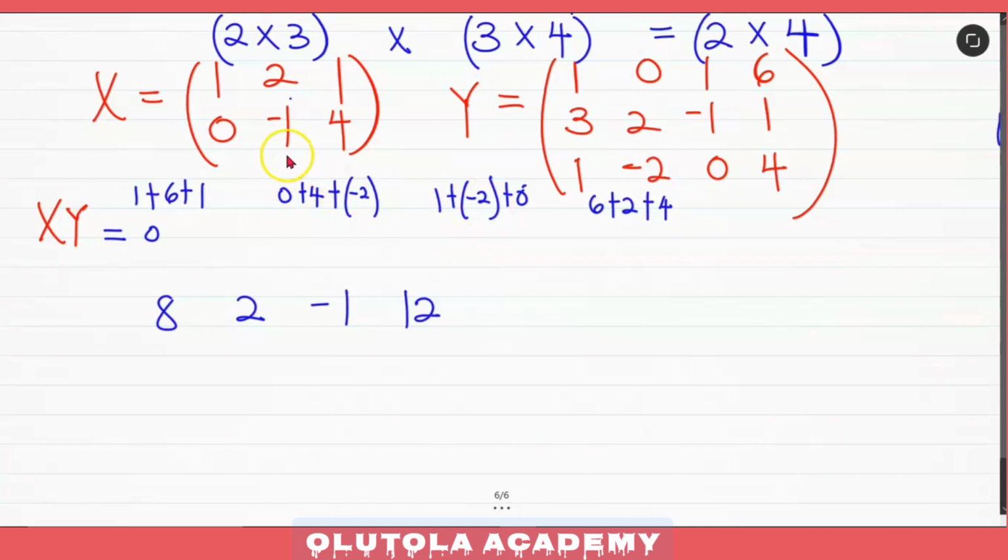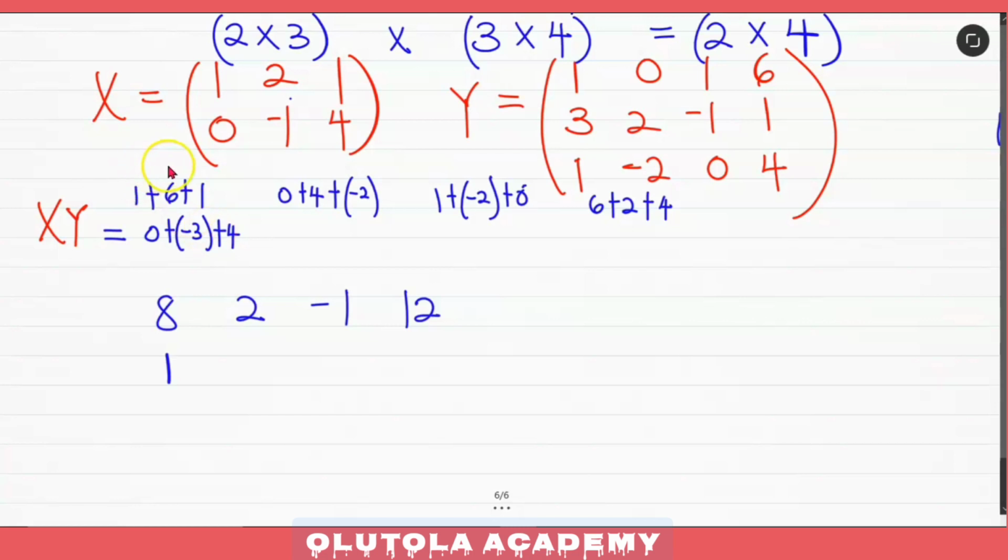Then minus 1, negative 1, multiplied by 3 will give us plus negative 3. Then we have 4. 4 multiplied by 1 will give us plus 4. So that's negative 3 positive 4. That will give us 1.